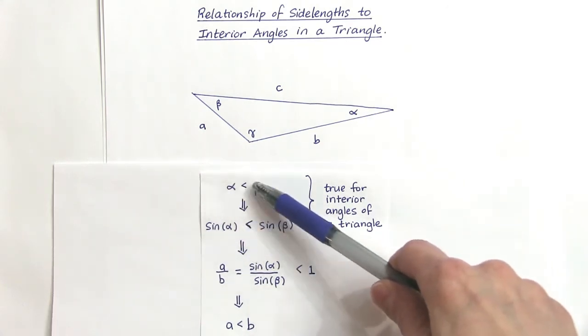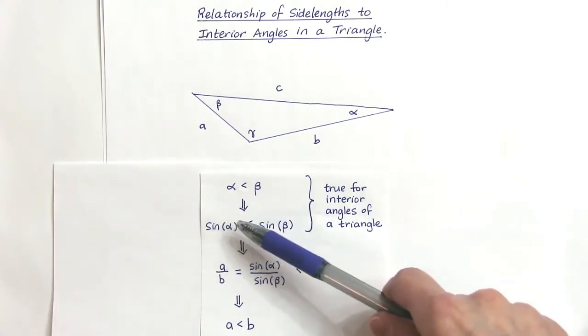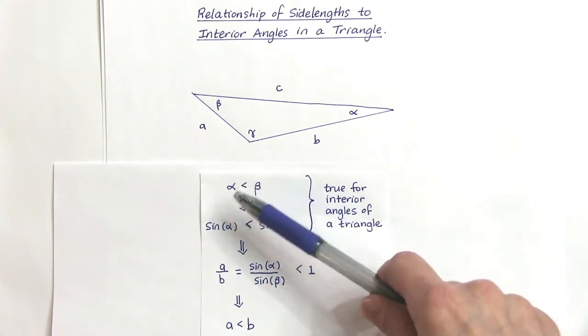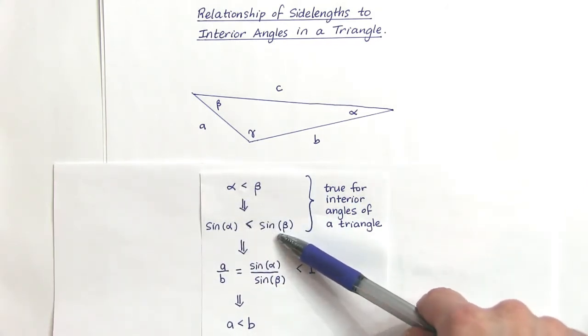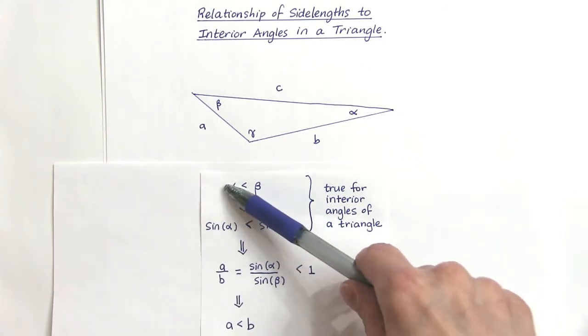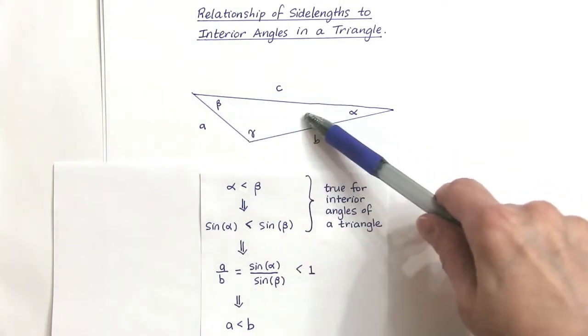Now, if alpha and beta were any two arbitrary angles, this is not necessarily true, that if alpha is less than beta, the sine of alpha must be less than the sine of beta. But it is true if alpha and beta are the interior angles of a triangle.